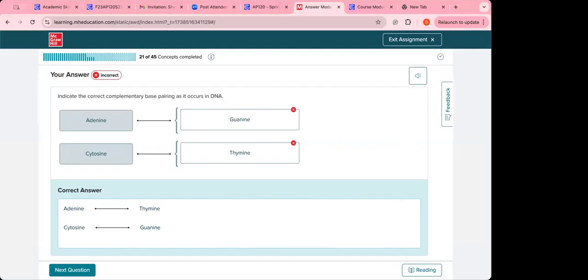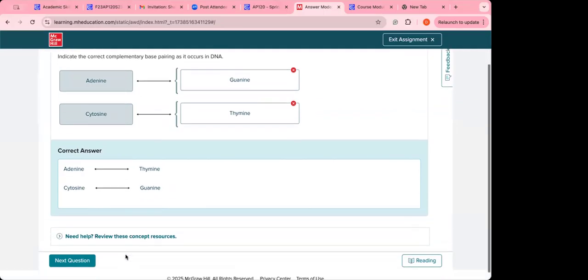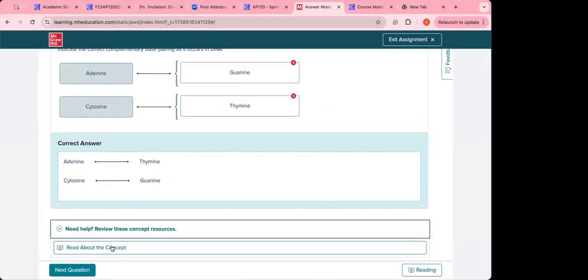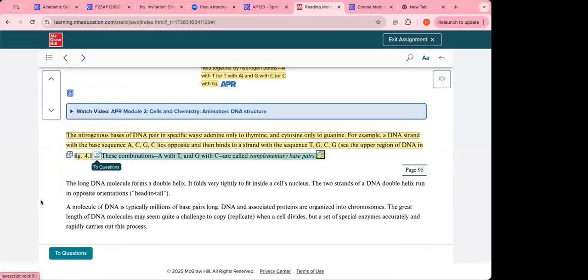Adenine, I got it wrong? Let's review it, because I don't remember. I thought that's what I remembered seeing. I got it wrong. I'm sorry. These combinations are A with T and G with C. I read it wrong because I thought T and G together.